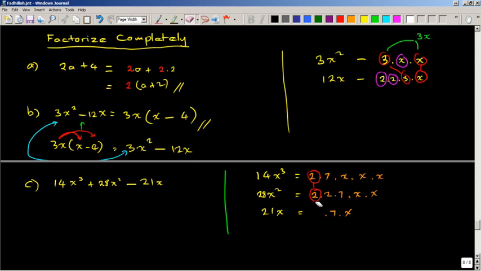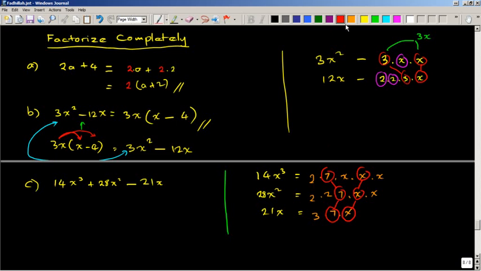So 2 is not a common factor. Okay, what is the first common factor? 7. Good. What is the next one? X. What is the next one? No more. Okay.